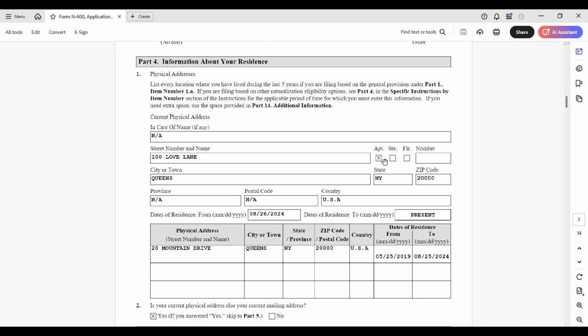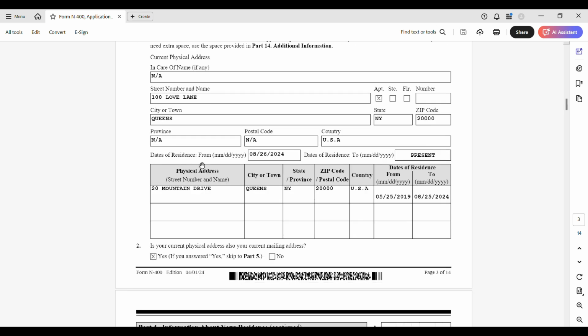This applicant has an apartment, and since we were not allowed to type in this, once this form is printed, we would write it in, and we're always going to write that in with a black ink pen. So this is self-explanatory. City or town, the province not applicable, postal code not applicable, country, USA, state, zip code.